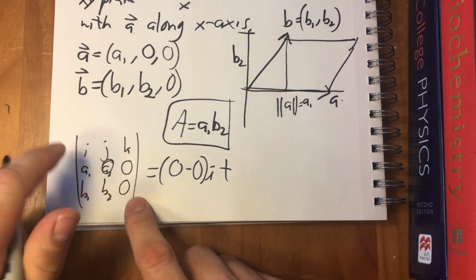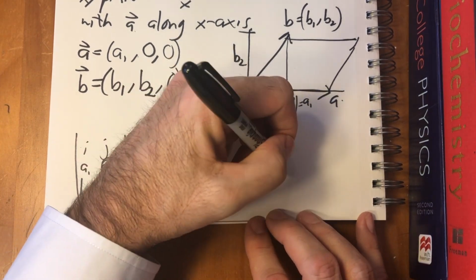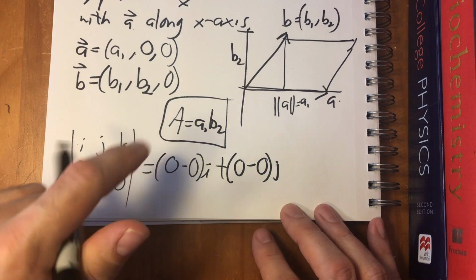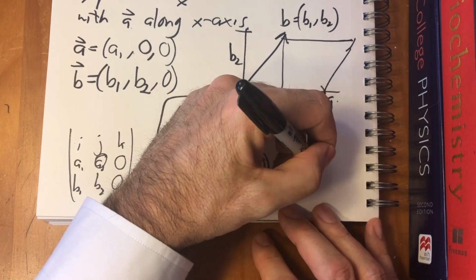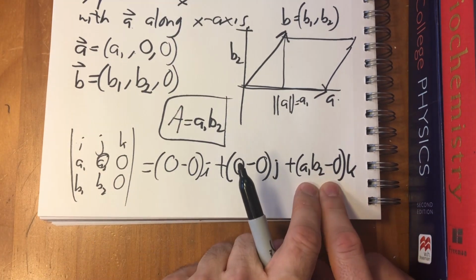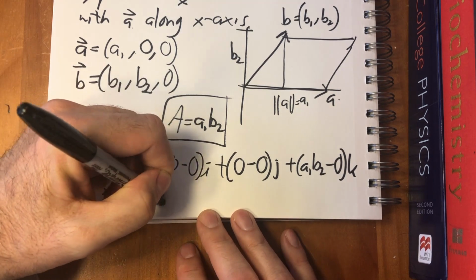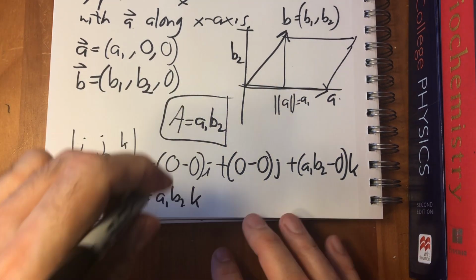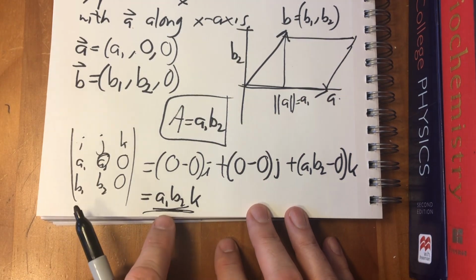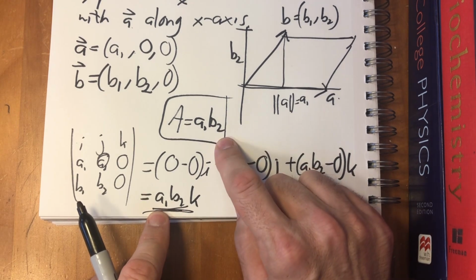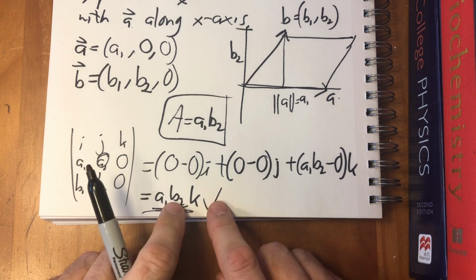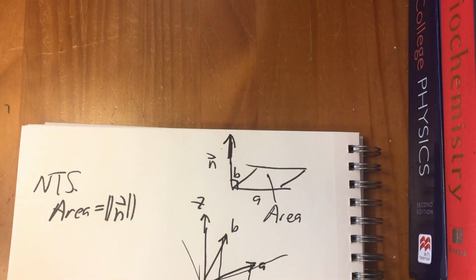Here we have 0 minus 0, j, and A1 B2 minus 0, k. So 0, 0, and A1 B2. So it's vertical, it's coming out of the page, and it has a length of A1 B2, which is exactly what we wanted. That is the area. So that proves it.